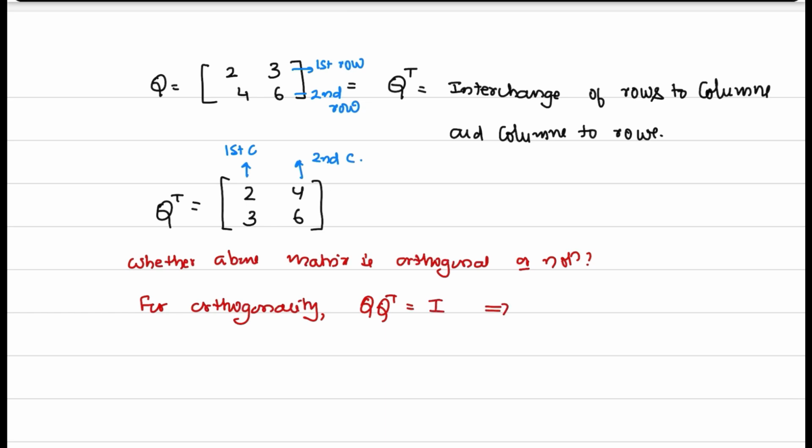Now let us see Q and Q transpose, the product. Q Q transpose is equal to 2, 3, 4, 6 into 2, 4, 3, 6.